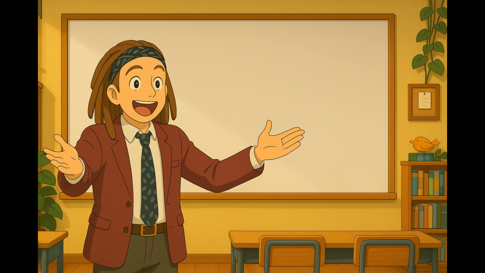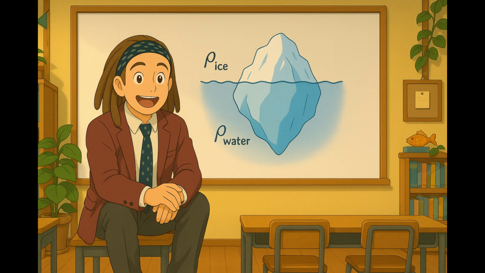Step 5. Checking the answer. Does this make sense? Ice is less dense than salt water, 917 versus 1,025 kilograms per cubic meter, so it should float. The fraction submerged, V submerged over V ice, is rho ice over rho salt water, which is 917 over 1,025, approximately 0.895, or 89.5%.